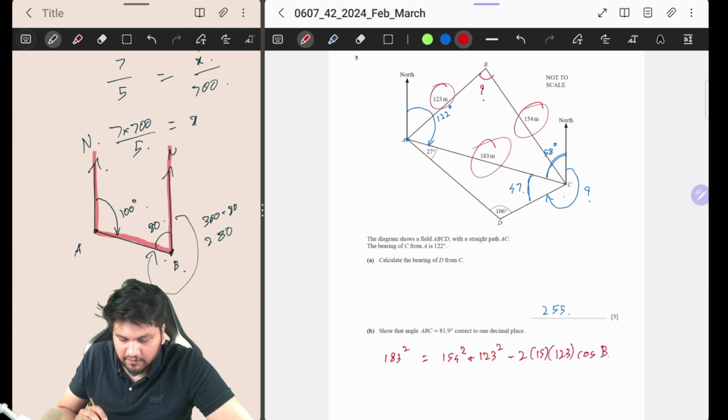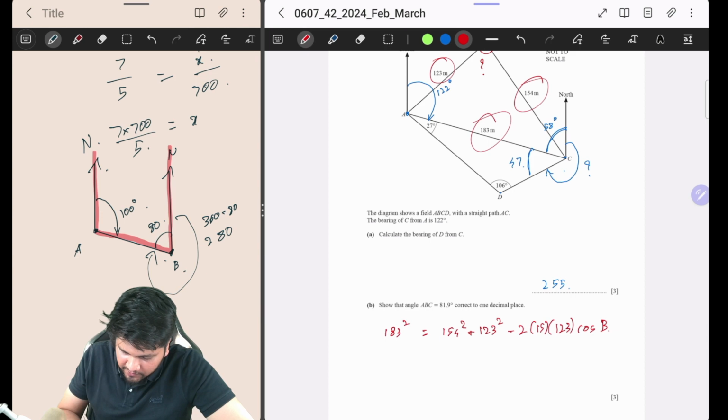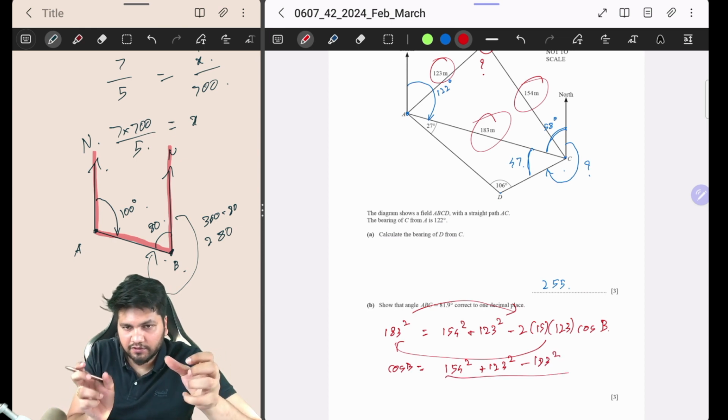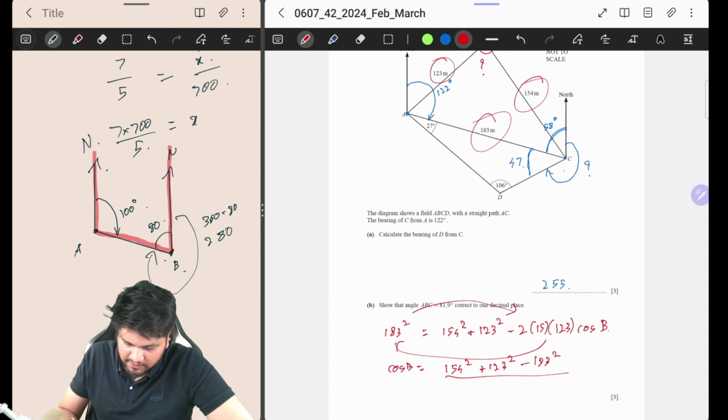So that's going to be cos B, that's what we need to figure out. I'll move this to this side and this to this side. So at the end of the day, if I modify, I'll get cos B is equal to 154 squared plus 123 squared minus 183 squared. Basically, I'm making whatever the subject we want, cos B, positive. So I'll move that to the left hand side, and divide by 2 times 154 times 123.